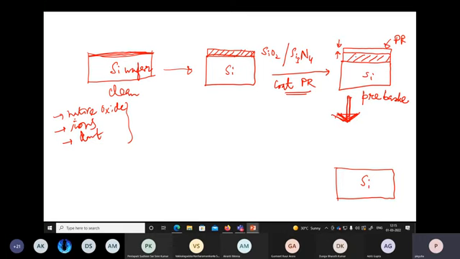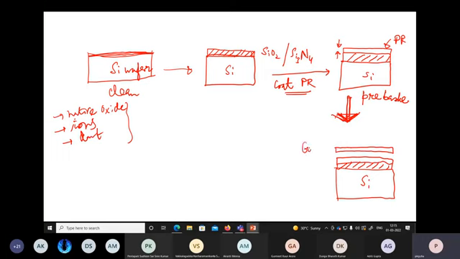Then you put a mask on top of the substrate. This is my SiO2 layer, this is my photoresist, and on top of that you put a mask.